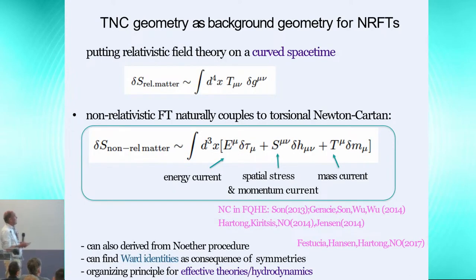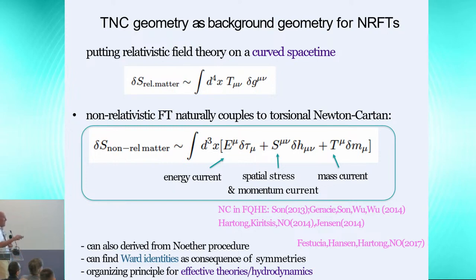Just to make the geometry even more intrinsically clear, if you have a more general field theory with Galilean symmetries and you want to couple it to a background field, the background field that you can and want to couple to it is torsional Newton-Cartan. And you precisely have the response to tau being the energy current, to h the spatial stress, and to m the mass current.